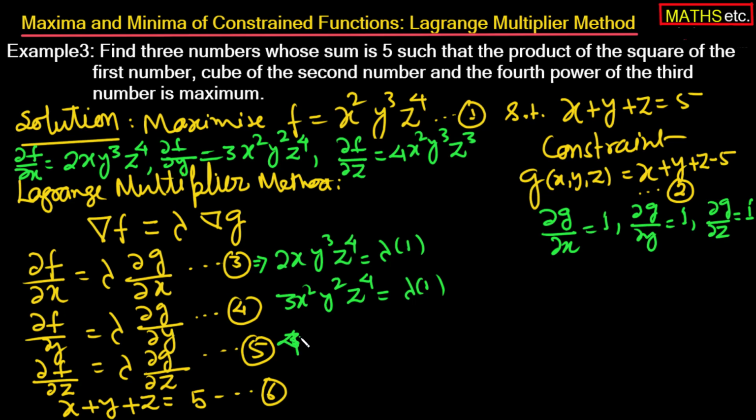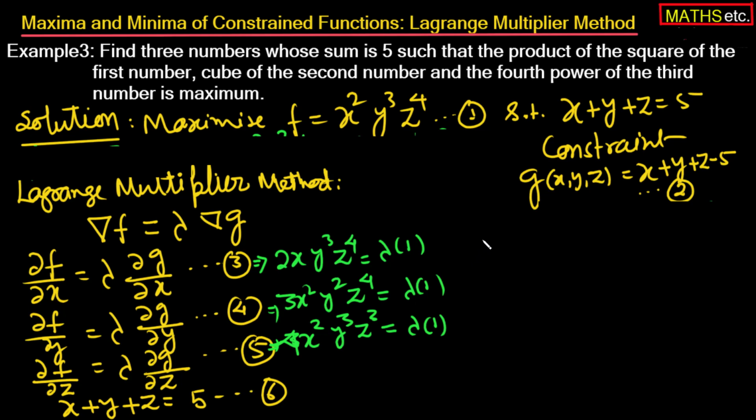And 4x squared y cube z cube is equal to lambda times 1. This is from equation number 5, and of course we have equation number 6 as the equation of constraint.